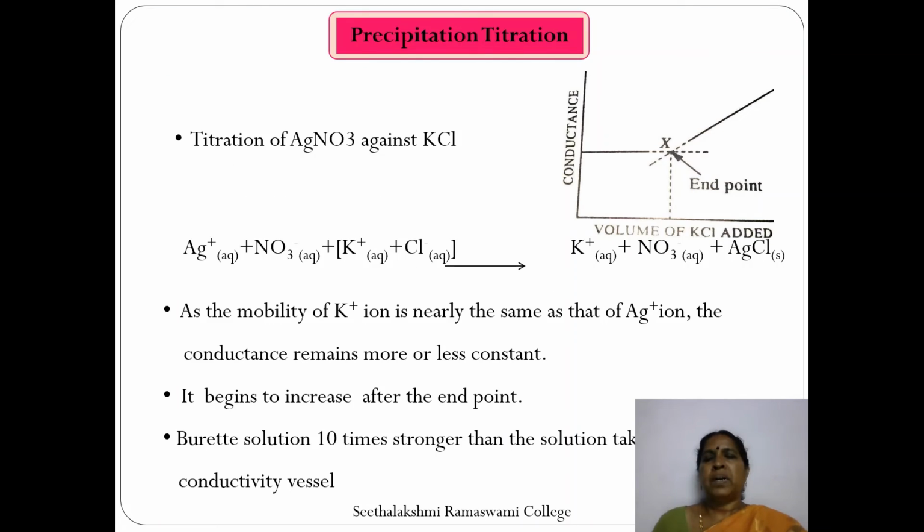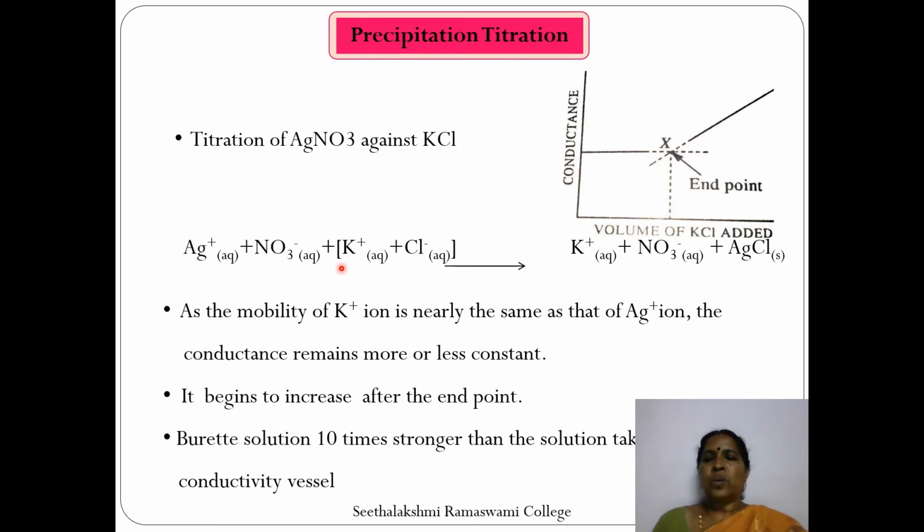Next type, precipitation titration. Let us take an example of titrating silver nitrate versus KCl. Initially, there is no change in conductance. This is because silver plus is replaced by K plus and both have almost similar mobility.